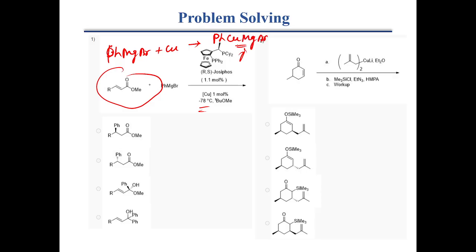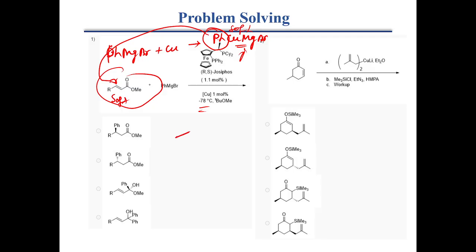Now this can be soft. If MgBr is there, it is a hard reagent, but in the presence of copper, it is soft. Due to the soft behavior of the phenyl group, there is a possibility of 1,4 addition, because this is a soft center and this is soft, so soft-soft interaction happens.